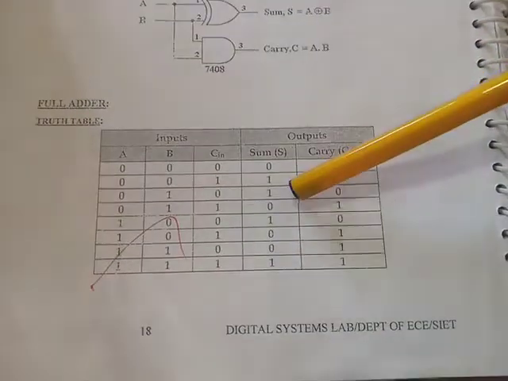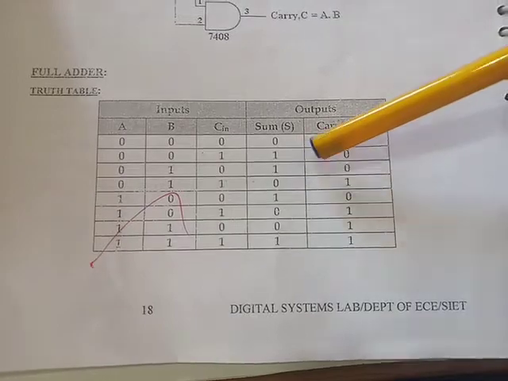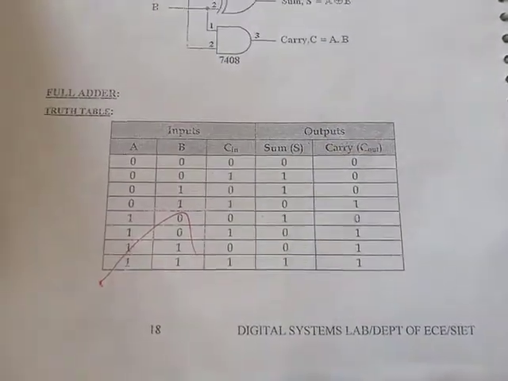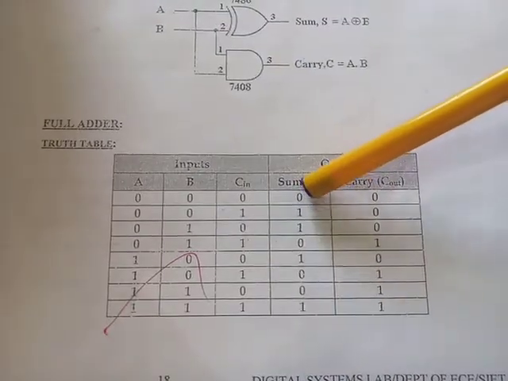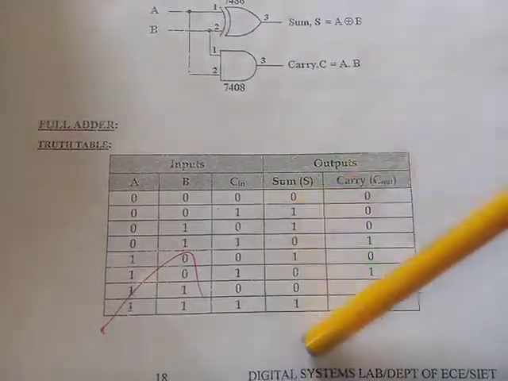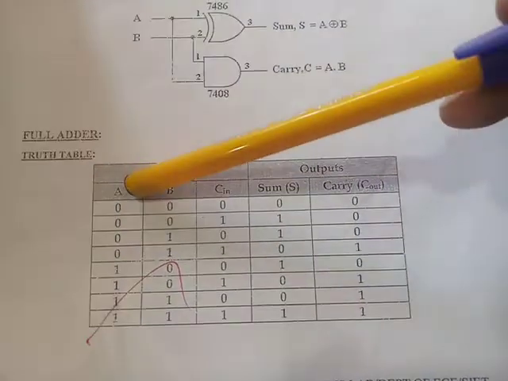So here, using this truth table, we have to do the K-map simplification, right? So for the K-map simplification, first we have to draw the logic diagram for sum and carry, right?